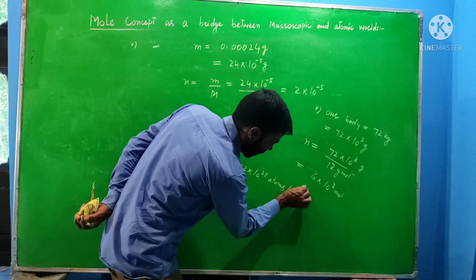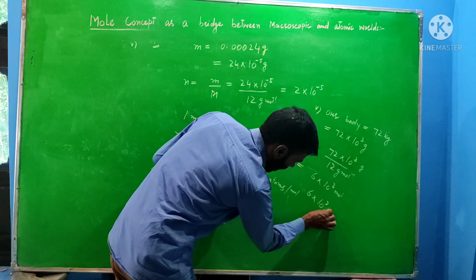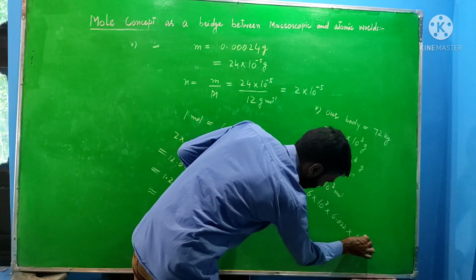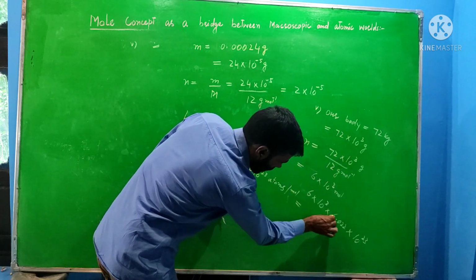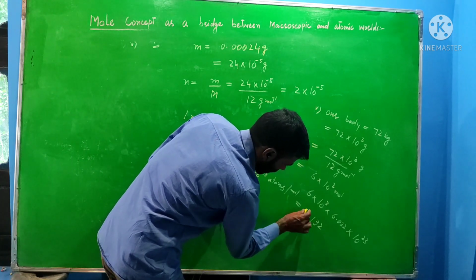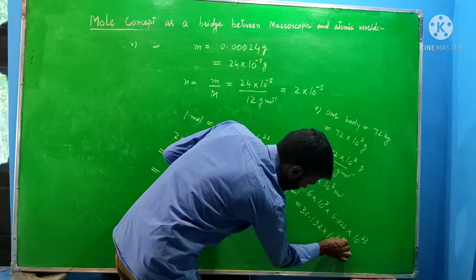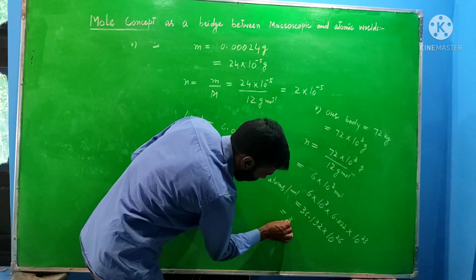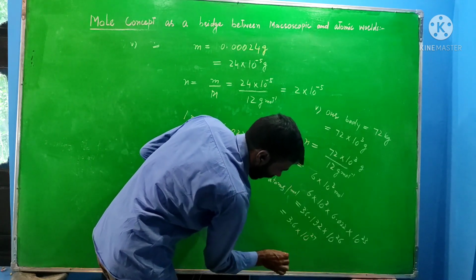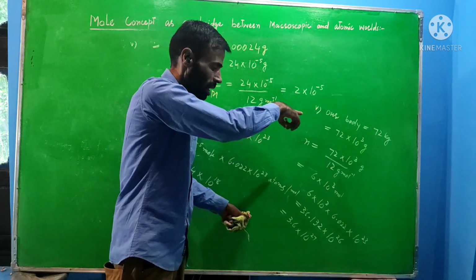After multiplication with this number, 6 into 10 raised to the power 3 multiplied by 6.022 into 10 raised to the power 23, that will be equal to 36.132, and this one will be 10 raised to power 26. So taking this as 3.6 into 10 raised to power 27, these are the number of carbon atoms, as per my supposition, present in our body.